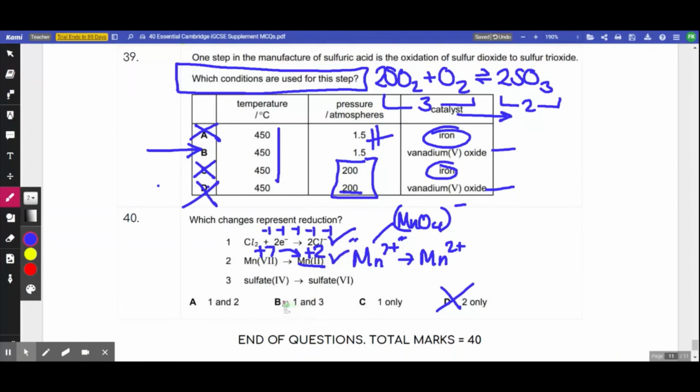That does represent reduction. And then finally, you've got sulfite. So the sulfur is a plus here, so it's +4. And then sulfate, +6. That is not reduction. That is actually an oxidation, because you would have to remove electrons.